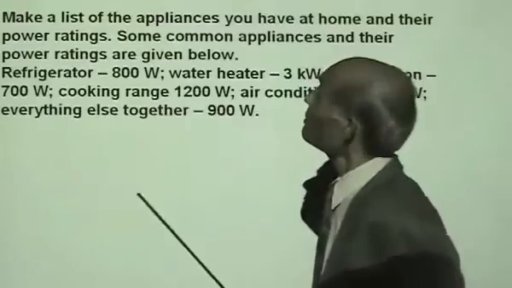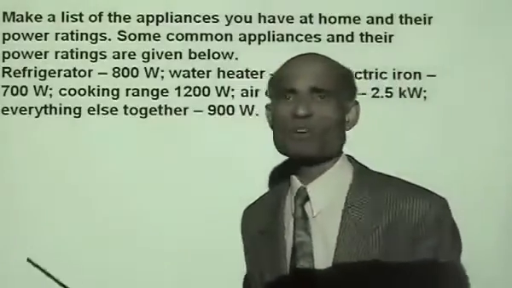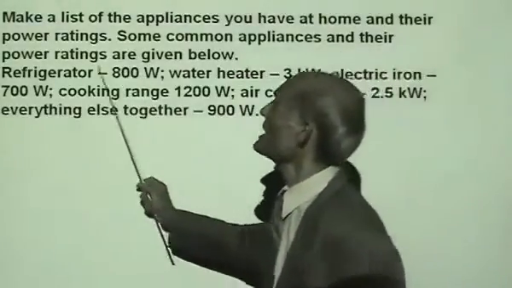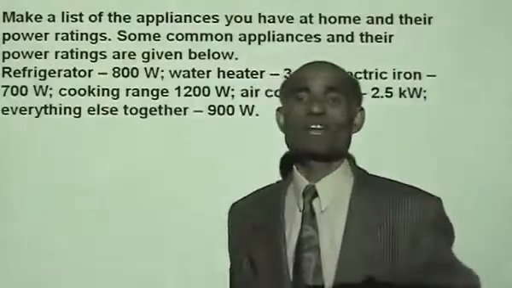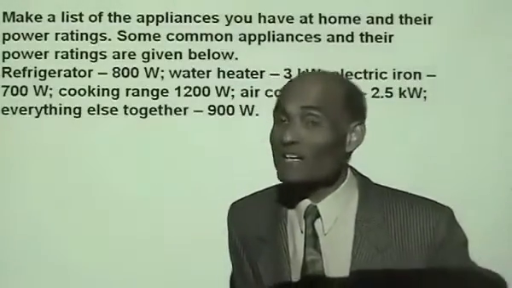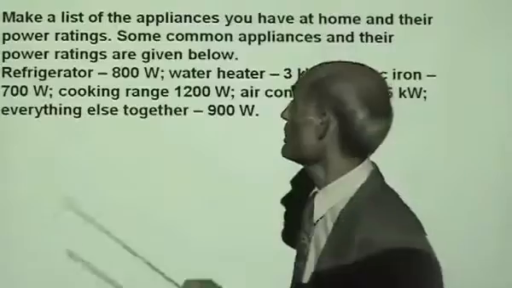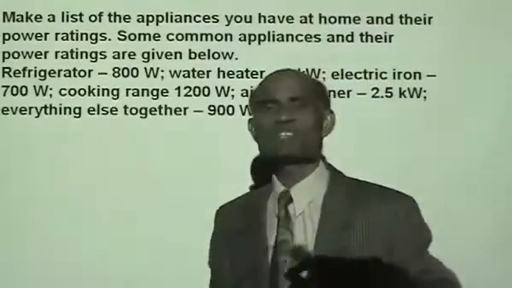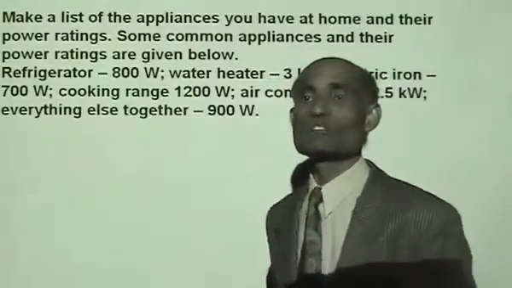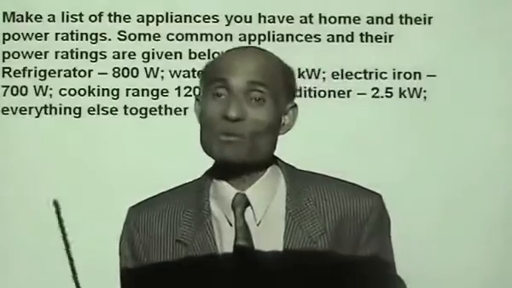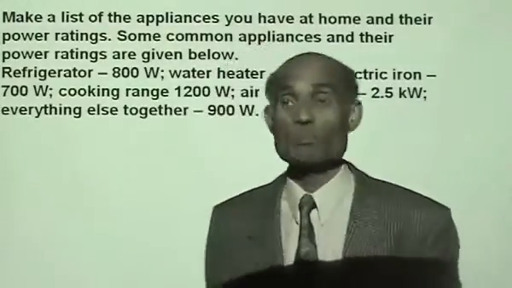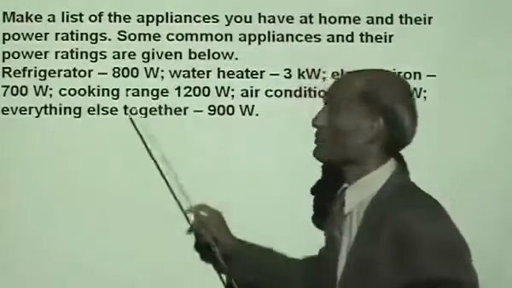Now, some of you might find it difficult, so what I have done is I have taken a sample of electrical appliances you are likely to find in your home, and I've given you some sample power ratings. So if you cannot find the power ratings on an appliance in your home, use these ones.